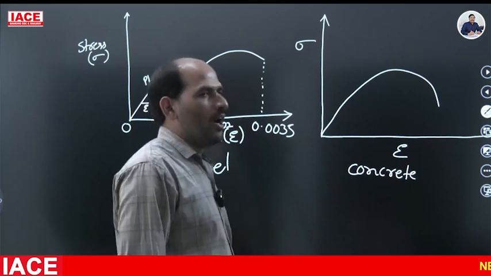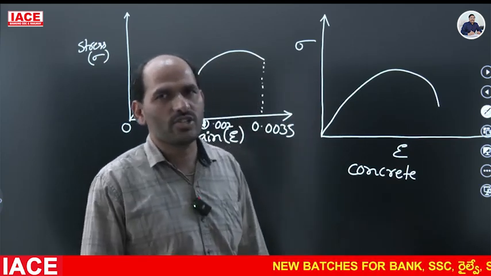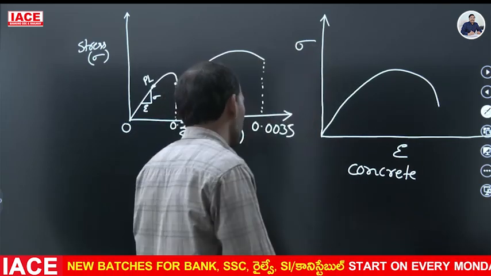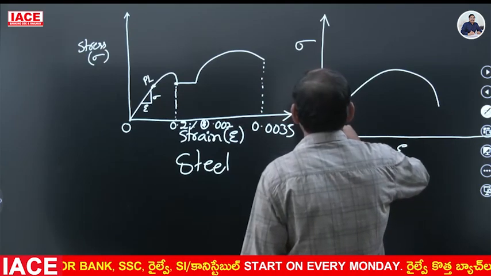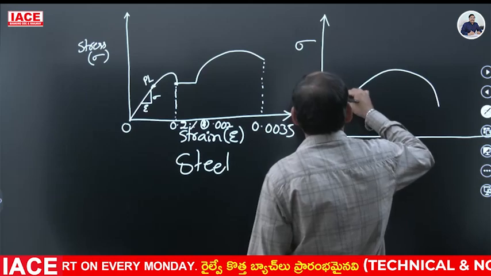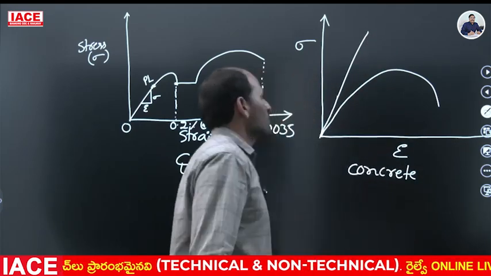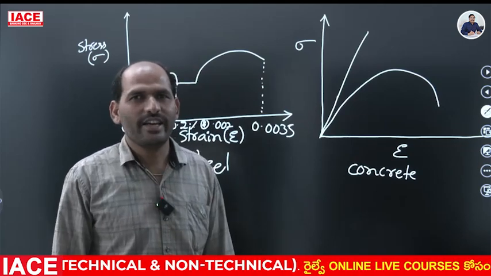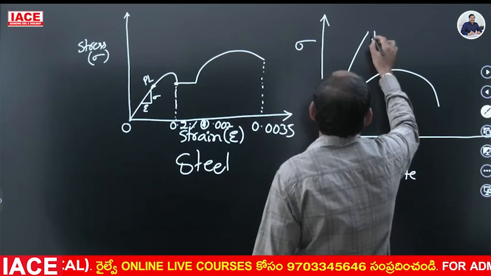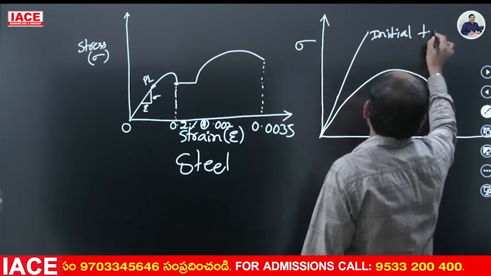To determine the modulus of elasticity value from the origin point of this stress and strain curve, we draw the tangent from here. One is from the origin point, so we draw the tangent here. This tangent we call the initial tangent modulus.